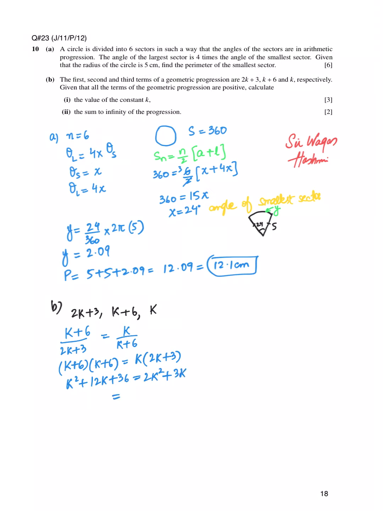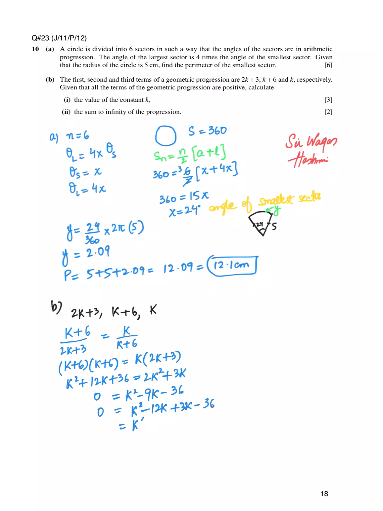When you simplify, it will be k square minus 9k minus 36 is equal to 0. We can apply the middle term split here, so that will be k square minus 12k plus 3k minus 36 is equal to 0.